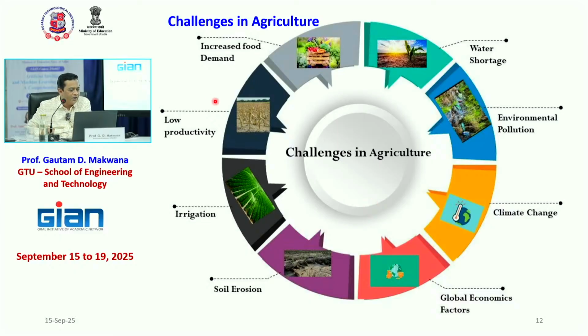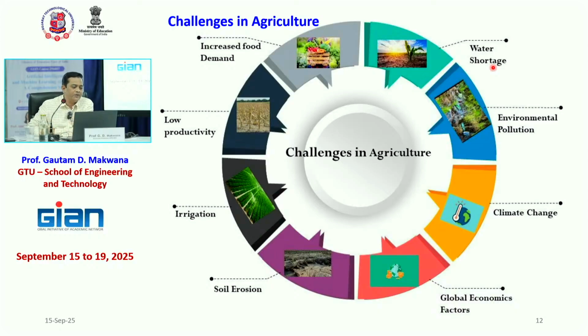Some of the reasons are increased food demand, because every year the population increases by 0.5%, and every day we have more demand for food. This is one of the challenges in agriculture. Then water shortage. Every part of India has limited water sources, the capacity of reservoirs is limited, and the groundwater is also limited. It is going deeper and deeper.